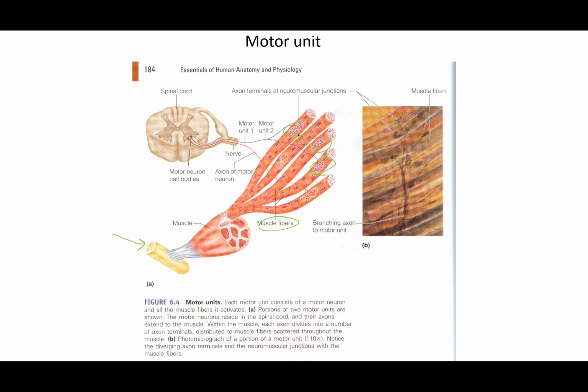Okay. And then obviously you've got lots of these throughout your body. And if you exercise, you will create more of these, right? So if you do weightlifting and you gain muscle mass, then you gain new muscle, new nerves.